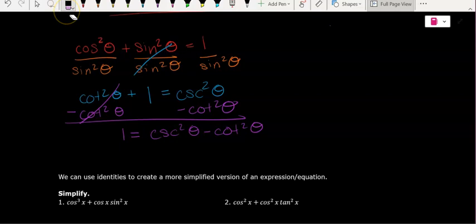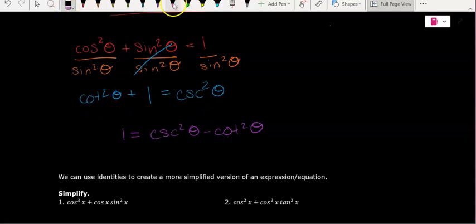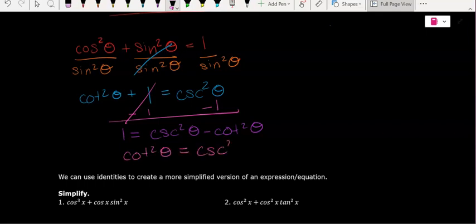And then I can do the exact same thing, but instead of solving for 1, if I solve for cotangent squared, then I'm going to subtract 1 from both sides. And then I will get cotangent squared theta is equal to cosecant squared theta minus 1. And that's going to be the last of my 9 Pythagorean identities.